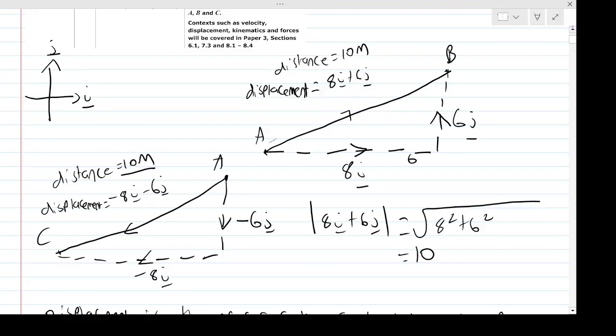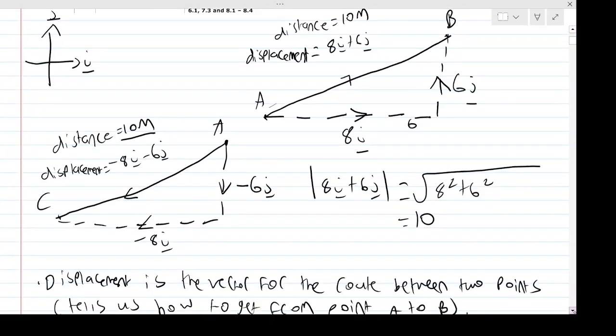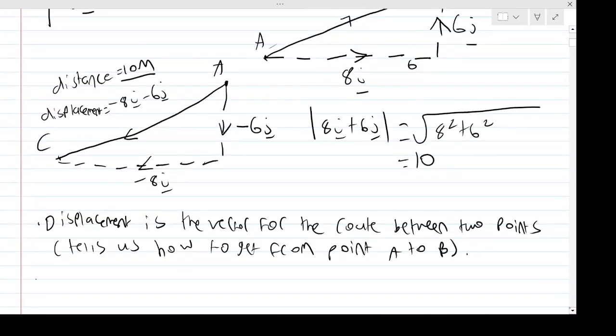And so actually, another cool feature for displacement is that if we do the magnitude of my displacement vector, it tells me the distance, okay? And so therefore distance, I would say, is the magnitude of displacement.